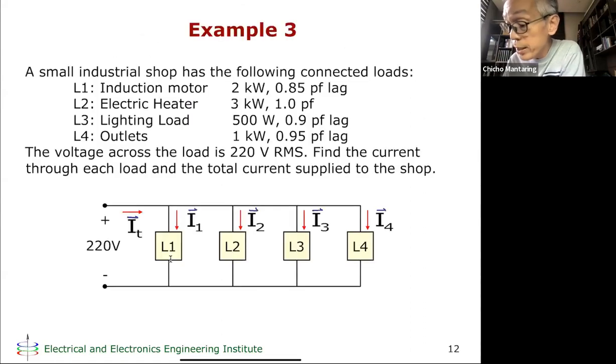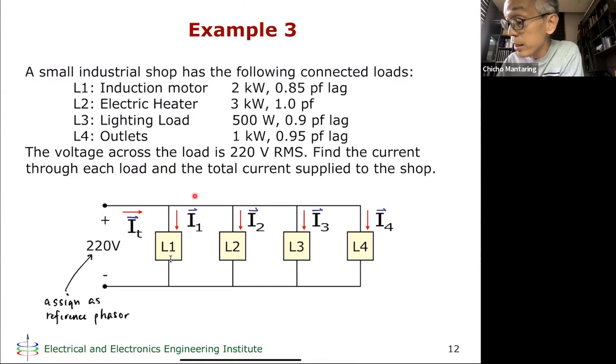Okay, what I'm going to do is, itong 220 volts, this has no phase angle. I'm going to assign this as my reference phasor. Take note that 220 volts here is already the RMS value.